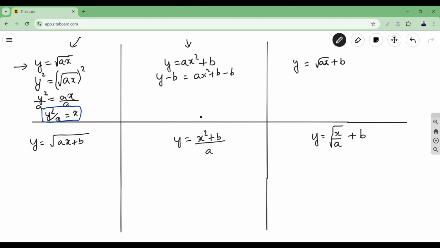Now many children would have learned this like b comes to the left side, goes to the right side, and there's a problem with that, right? It's not a problem with the teachers teaching it. It is right, but students understand it as if b is coming over. No, it is not actually coming.